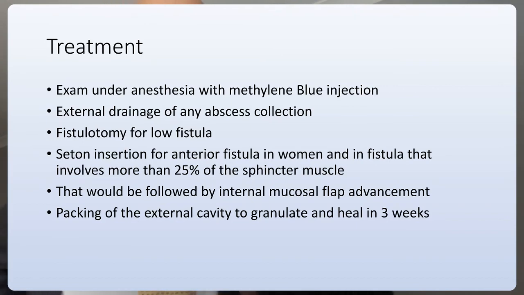We use a fine, blunt-tipped needle and inject the methylene blue or the hydrogen peroxide. I prefer the hydrogen peroxide because it doesn't stain, and you can repeat it as many times as you like. We inject through the external opening while the anal canal is open under anesthesia with a proctoscope.